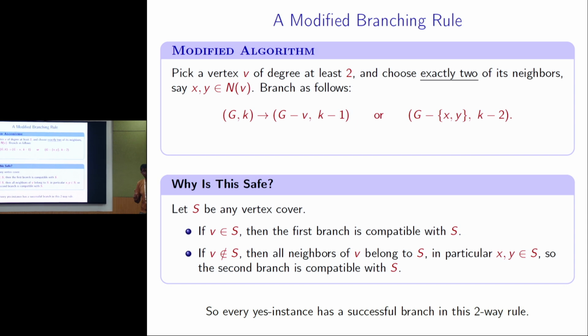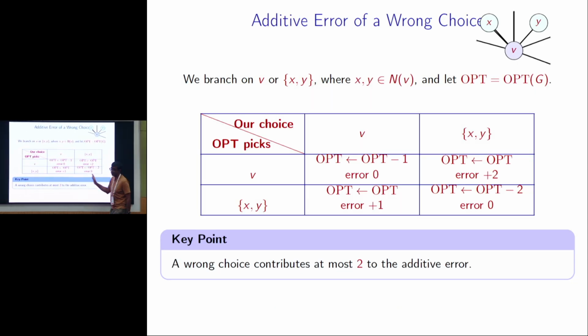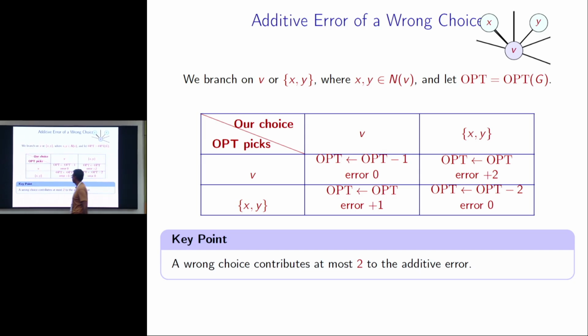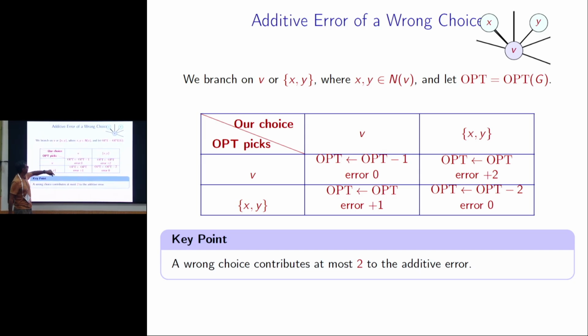But what happens now is, let's look at the choices we make. Suppose this is what the optimum choices are and this is what our choices are. If optimum also picks V and we also pick V, then opt decreases by 1, error is 0. But if optimum picks V and we picked XY, opt did not drop, but error has increased by plus 2.